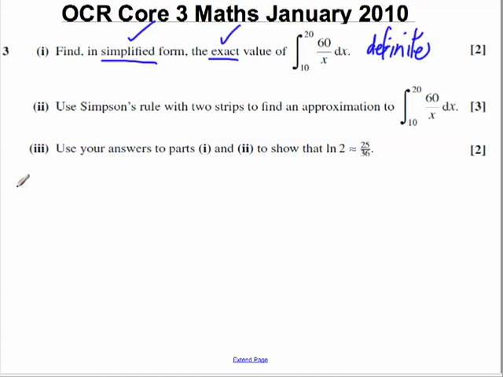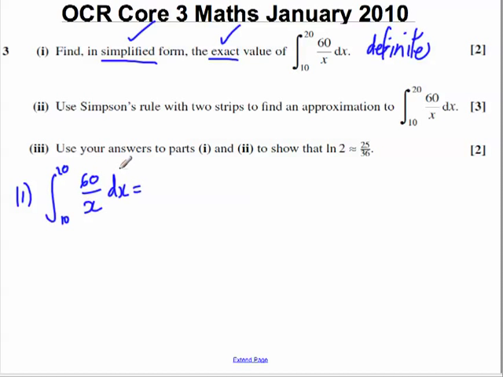Okay, let's actually get on and do this. Part 1. We're integrating between 10 and 20 of 60 over x dx. There's a number 60 on the numerator of this fraction.